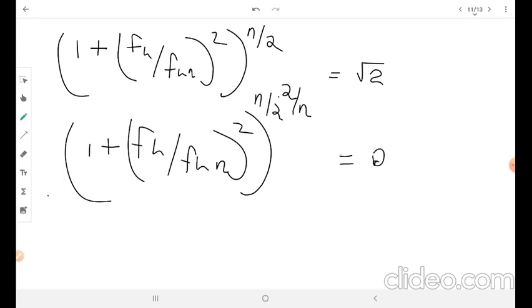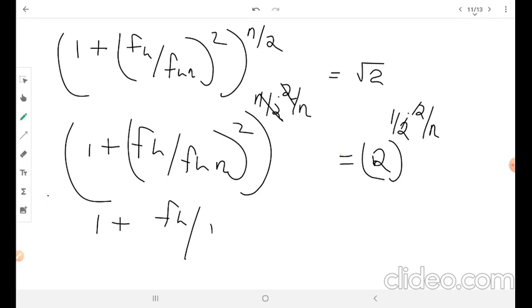Root 2 I write as 2 raised to 1 by 2, and multiplying by the power 2 by n, then we can write 1 plus FL by FLN all squared equals 2 raised to 1 by n.